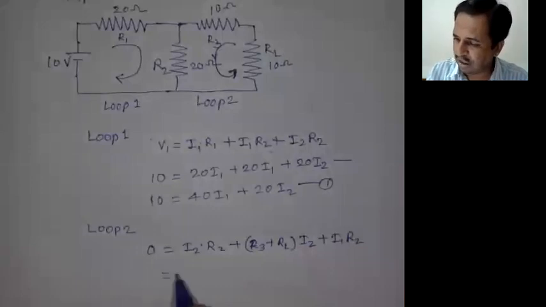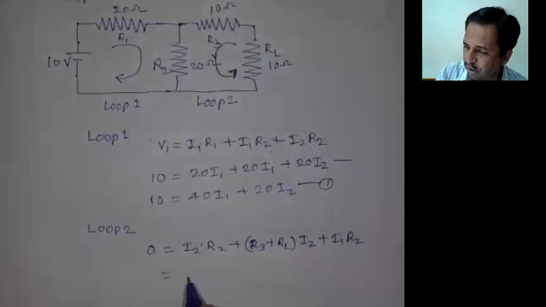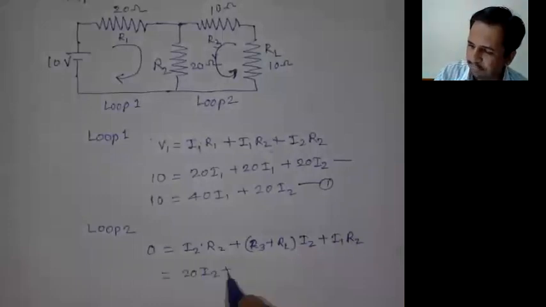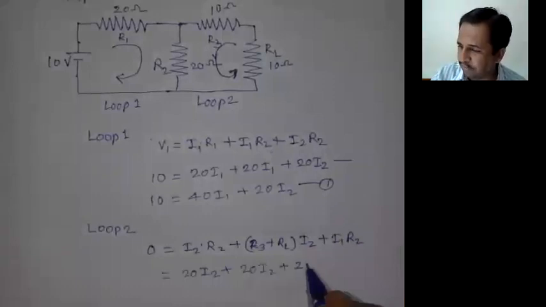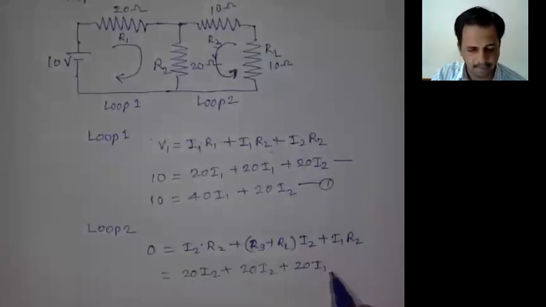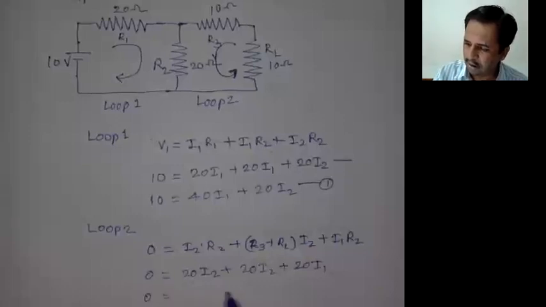Now we have to simplify this. This is the I2 value. R2 should be 20 ohm, 20 I2 plus, here again 20 I2, plus 20 I1. Now if you get this value, that is 0 equal to 20 I1 plus 40 I2.